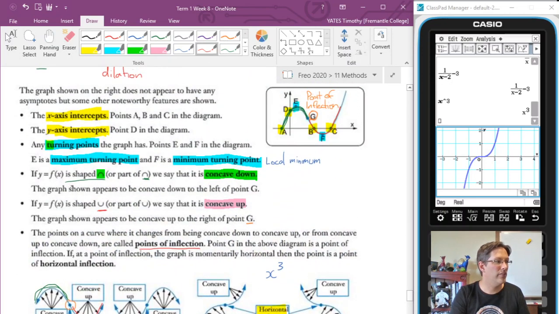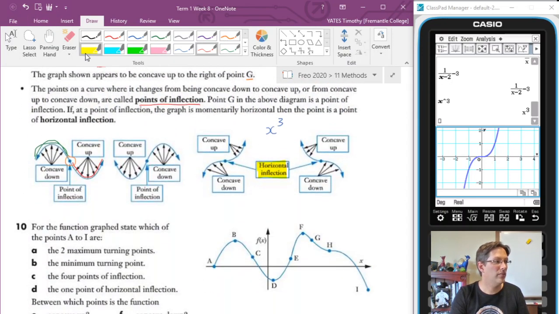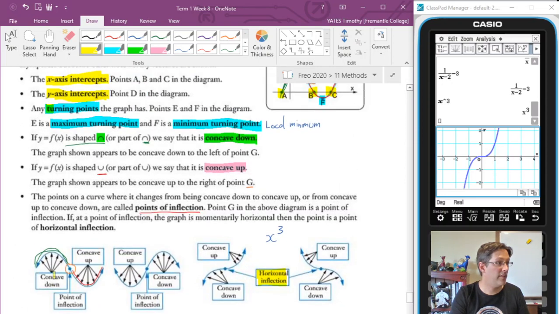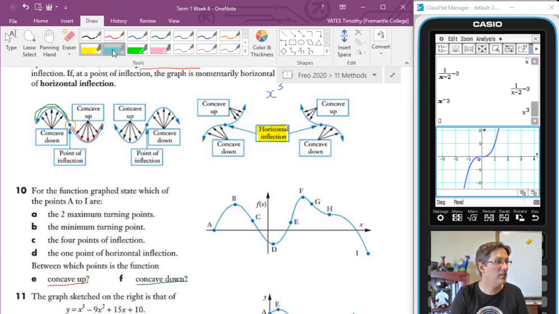What colors did I use? The intercepts were in yellow. No, it's not really interested in the intercepts. And turning points in green. And the point of inflection in orange.